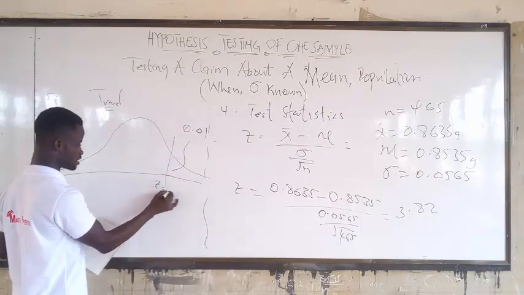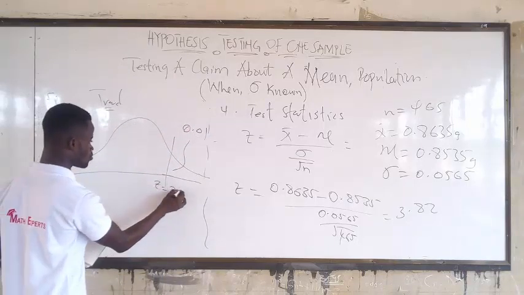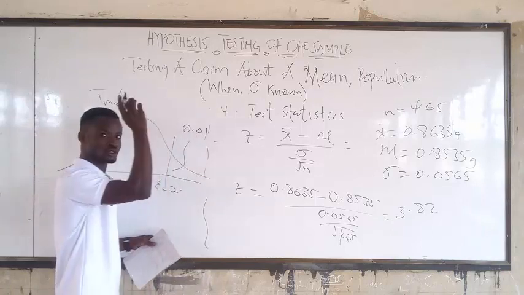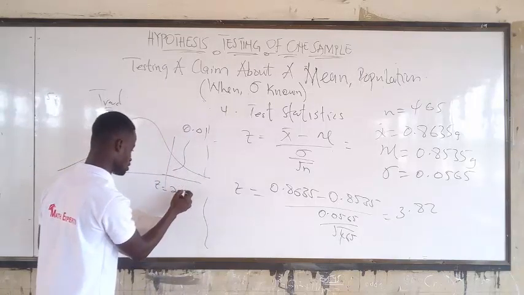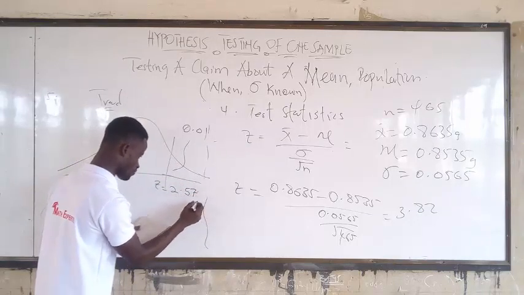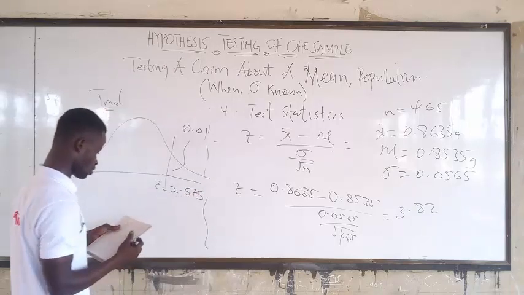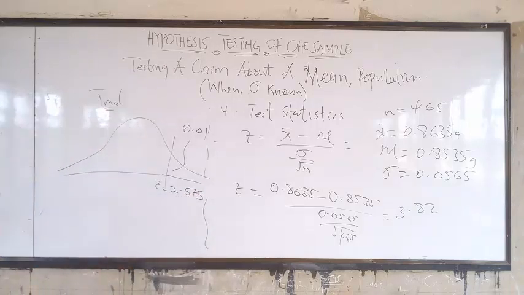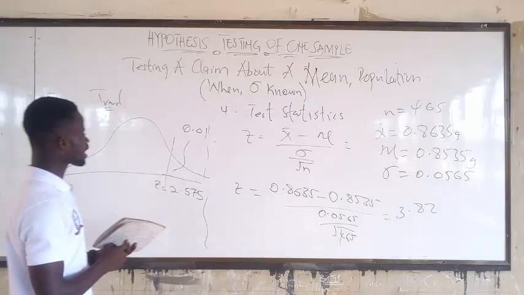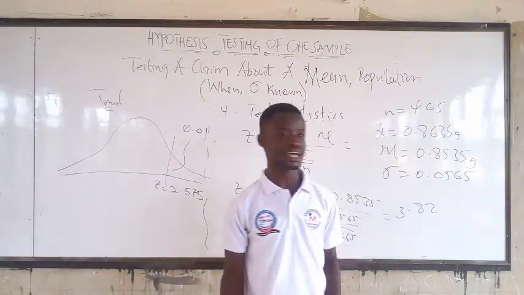I know that my z is going to be 2.575, reading it from your table. Alright, that's what you're going to get. Then you come back and check your test statistic, 3.82.